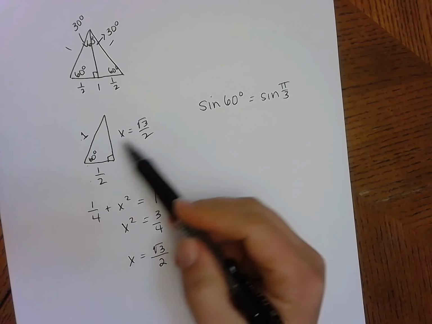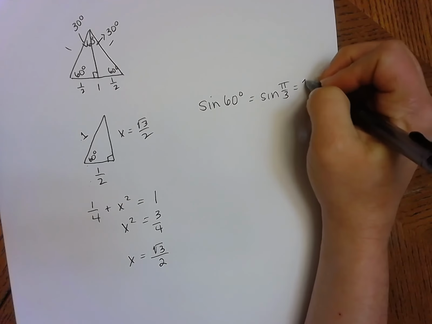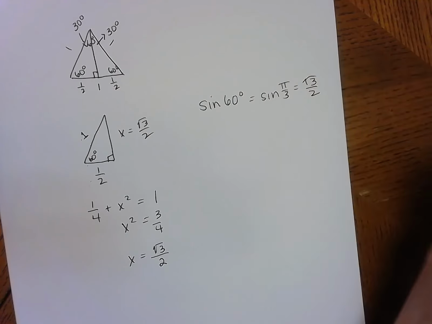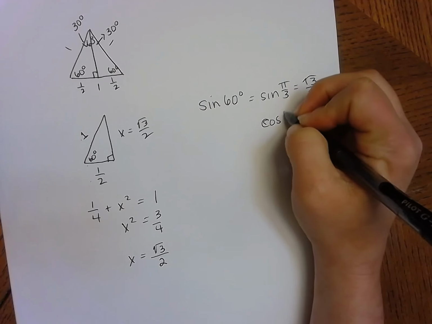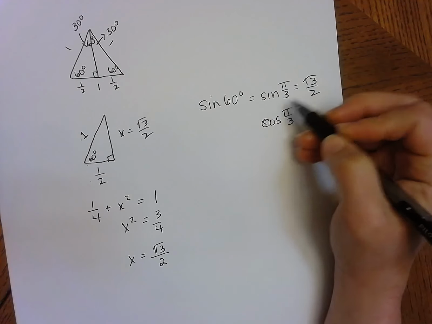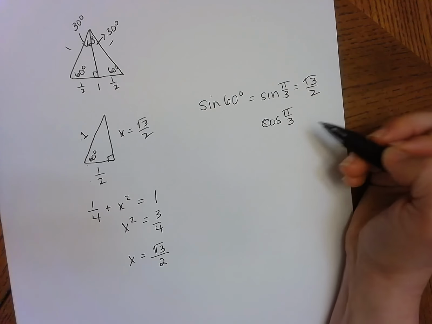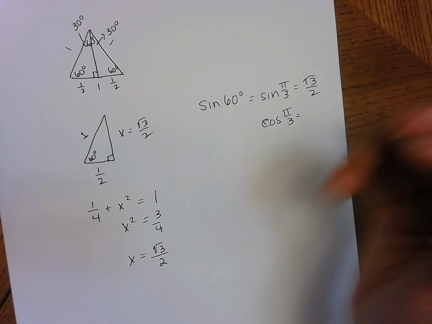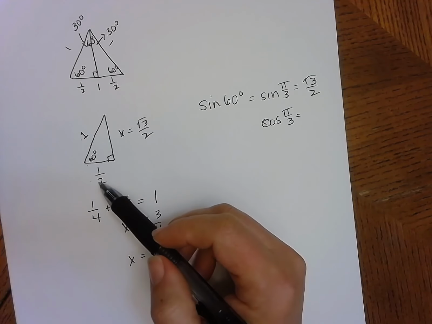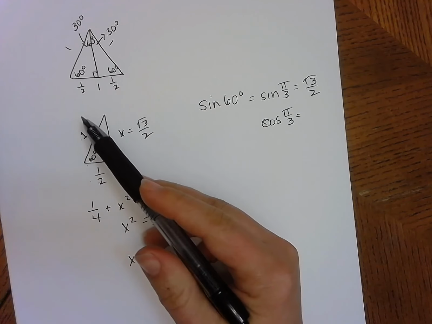That means it is the square root of 3 over 2 divided by 1, so I won't write that. If I wanted cosecant, it would be 2 over root 3. Cosine of pi over 3 is the adjacent, so this half over the hypotenuse, which is 1, so that's just a half.